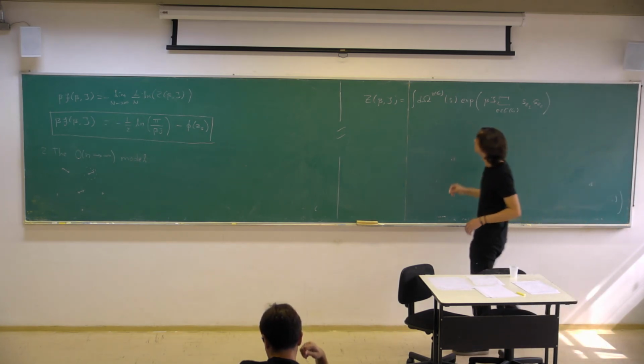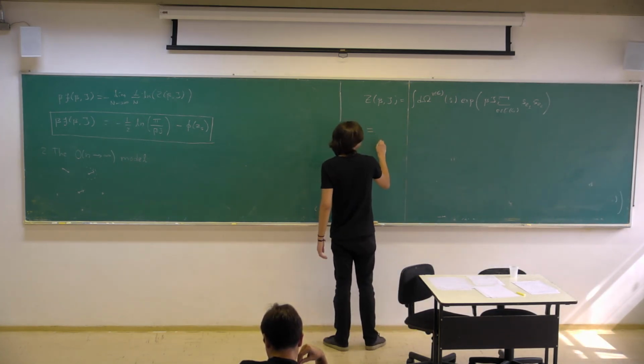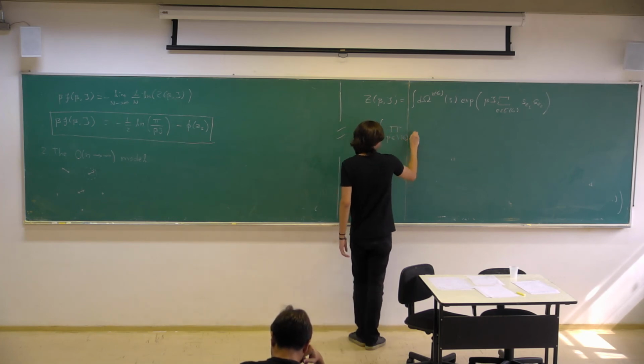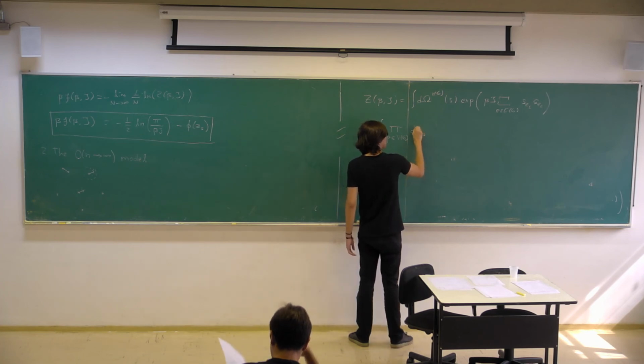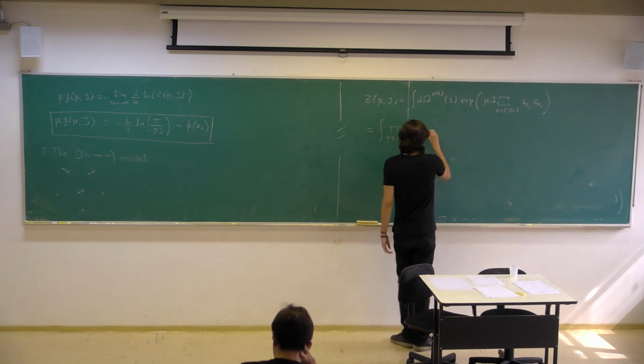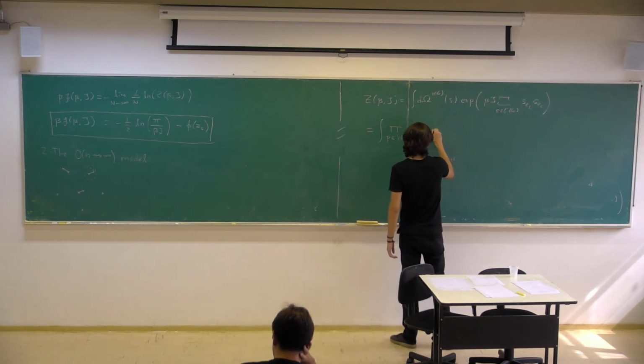So we now express this as an unconstrained integral, where now at each point we have a vector spin. And we enforce the spherical condition by a product of delta functions.